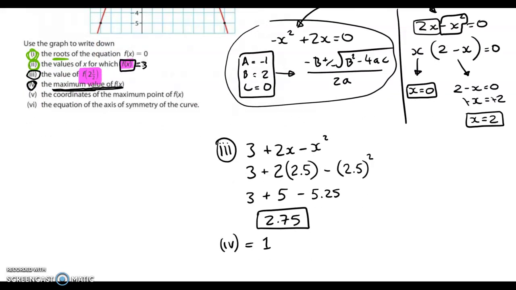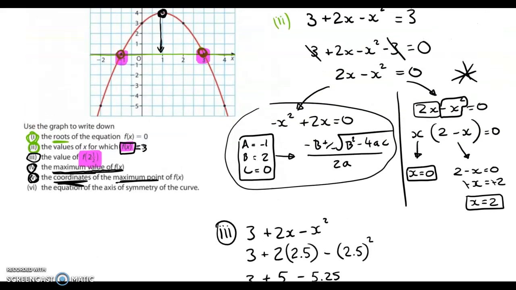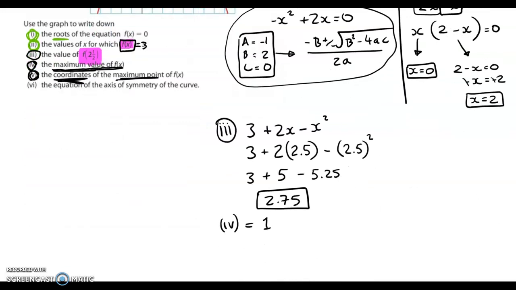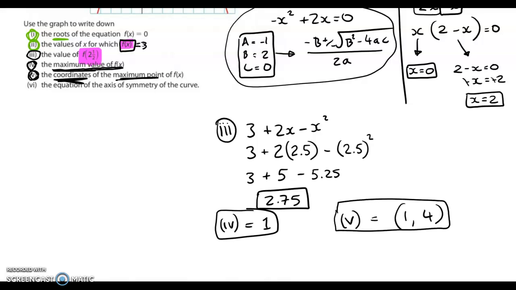In the next question I'm asked for the coordinates of the maximum point. So this is where you need the coordinates. So this is where you not only read off the x-axis, but you also read off the y-axis. So what's that point? It's 1, 4. So part 5, the answer is 1, 4. So the maximum value, which is what we did in part 4, that's where you just look at the x-axis. And the maximum point or coordinate, that's where you read off both.